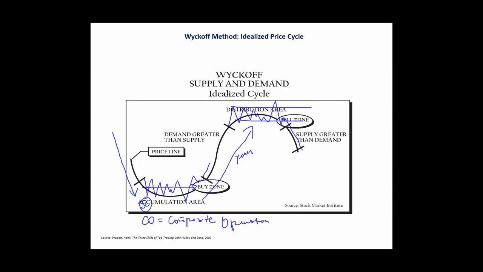When you get into the distribution area, they will distribute their shares very carefully until they're completely out, which means the stock has gone from strong hands to what we call weak hands. And so the volatility that occurs in a distribution area is distinctly different than in the accumulation area, which we'll get into a little bit today.